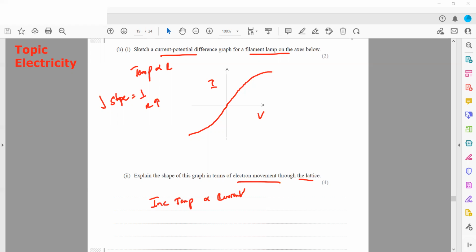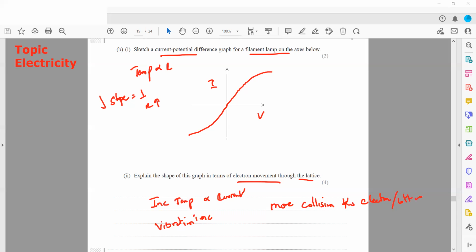So as a result, what will happen? The temperature increases, so lattice vibration will also increase. As lattice vibration increases, there will be more collisions between the electrons and the lattice. So electrons and the lattice of positive ions will collide often.